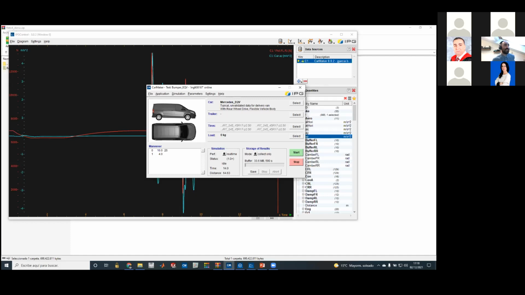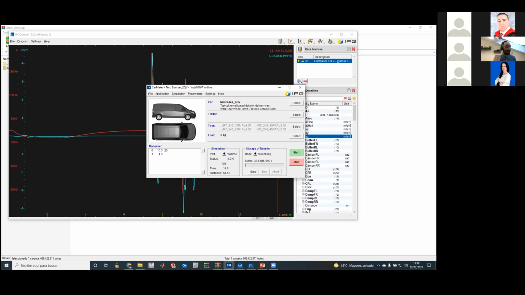So, which is the key point here from the designer's point of view, or from the vehicle design point of view? Once we are designing the vehicle, we need to evaluate which is going to be the range where the vehicle is going to work, from the lowest mass it can have on road conditions to the highest mass it can have on road conditions.